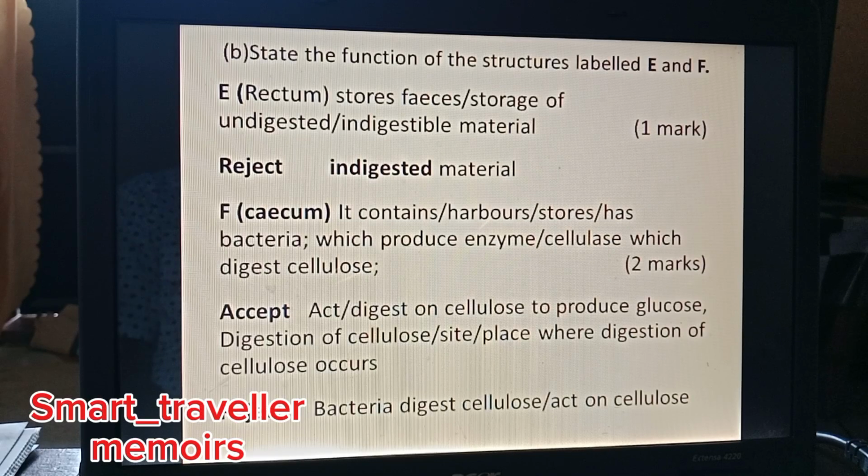Accept act on, digest on cellulose to produce glucose, digestion of cellulose, site, place where digestion of cellulose occurs, but reject bacteria digest cellulose or act on cellulose.